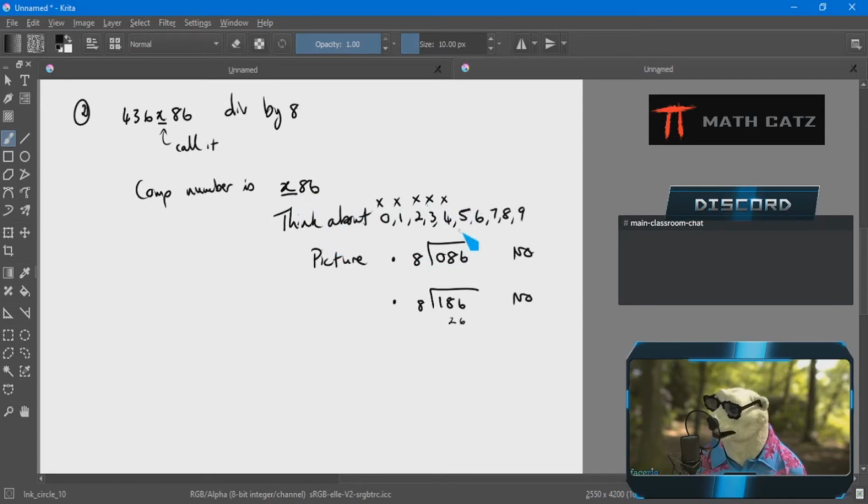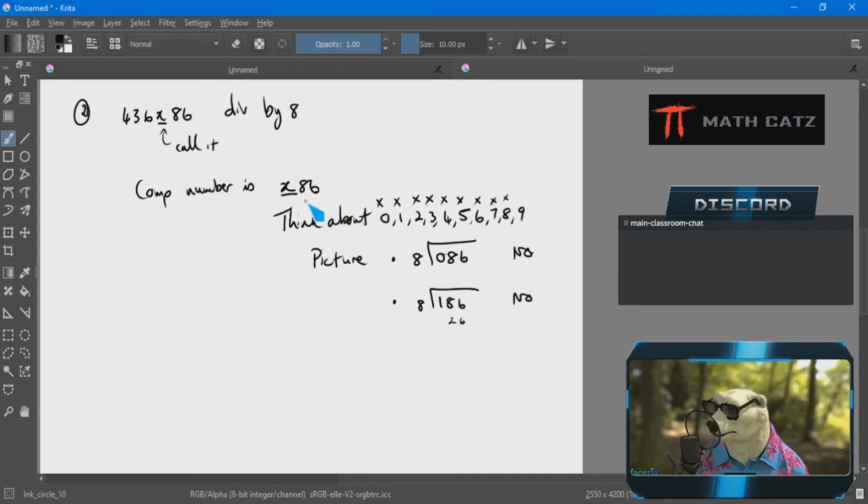Nope. 586, 8 goes into 58 with 2 left. 26 is a no. 686, 8 goes into 68 with 4 left. 46 again, no. 786, 8 goes into 78 with 6 left. Wow, we get a lot of 66s. It's all bad times. 886 is not going to work because 8 goes into 88 and then there's a 6 left.